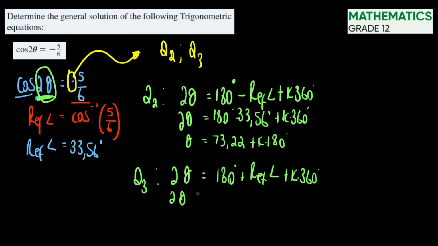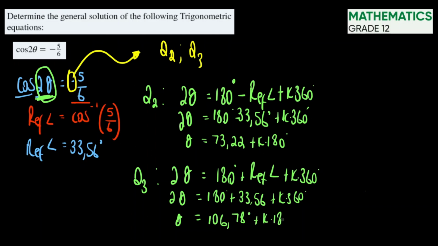Our second solution will be 2θ = 180 degrees plus 33.56 plus k times 360 degrees. So θ = (180 plus 33.56) divided by 2, and then we should get 106.78 plus k times 180, since 360 divided by 2 is 180.